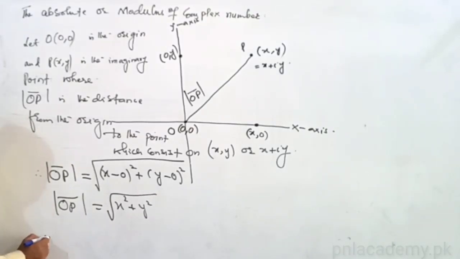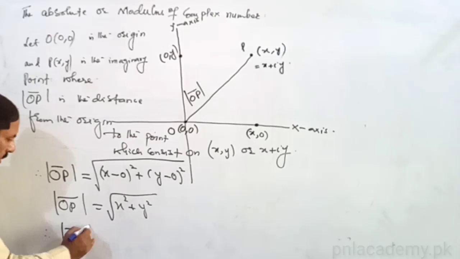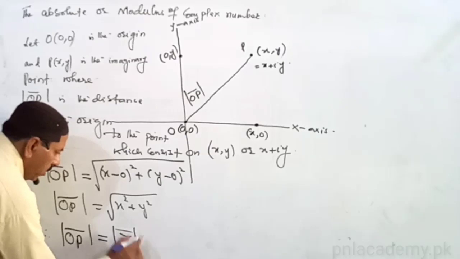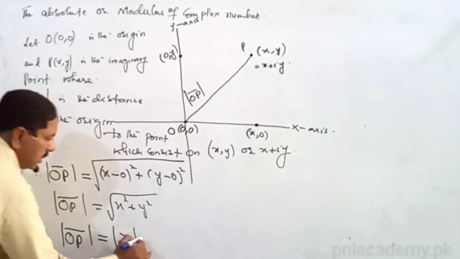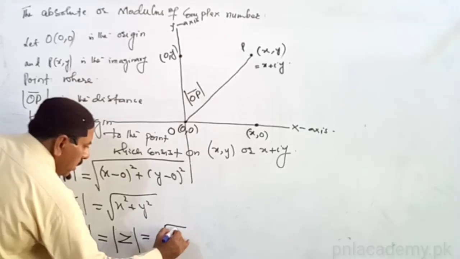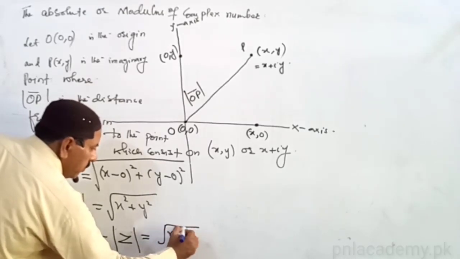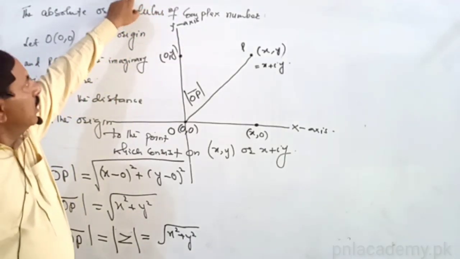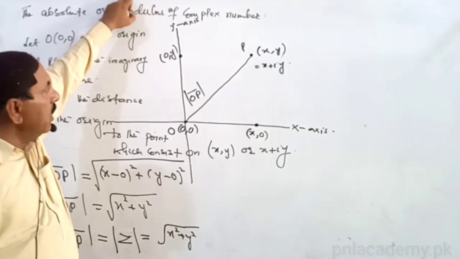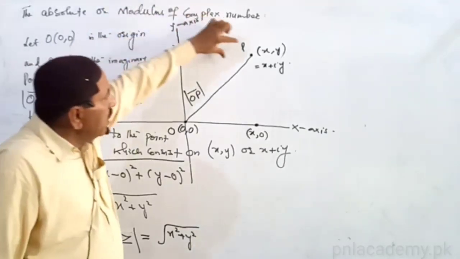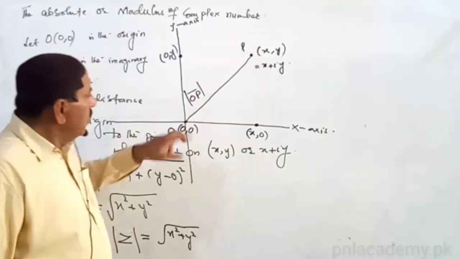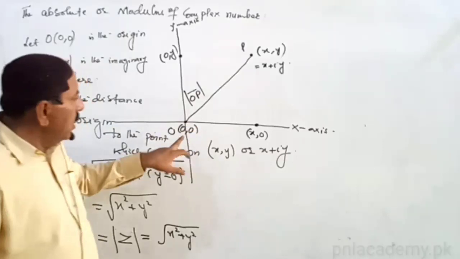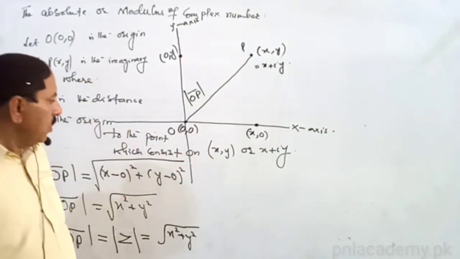So therefore OP, which also known as the modulus of z, this is a sign of modulus, is equal to radical x square plus y square. Now you already know that the modulus of the complex number is the distance of the complex number from the origin, or distance of the complex point from the origin 0 comma 0.